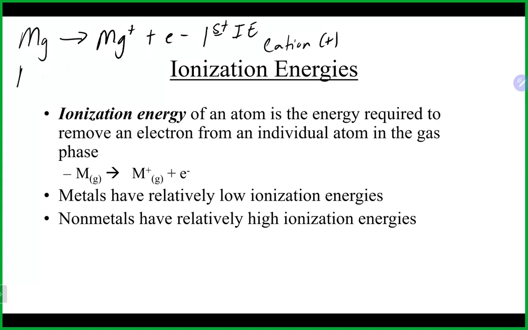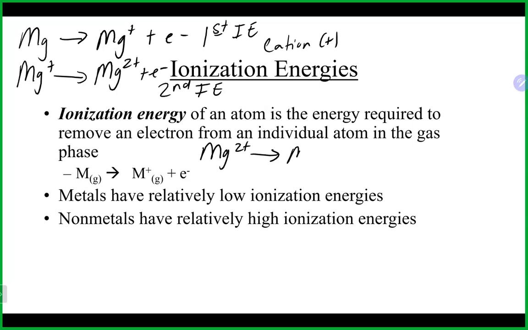Then this magnesium with a +1 charge will pop off another electron, and the energy needed to do that is the second ionization energy. And then maybe this one, which has lost 2 electrons, will lose another electron, and that is known as the third ionization energy.